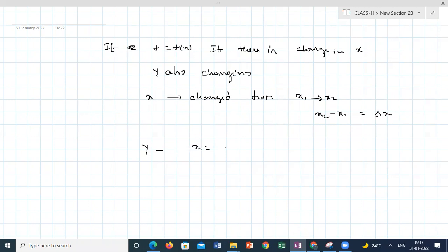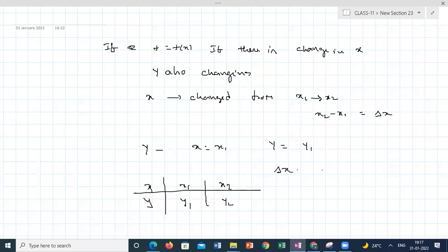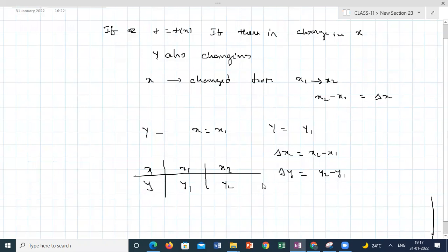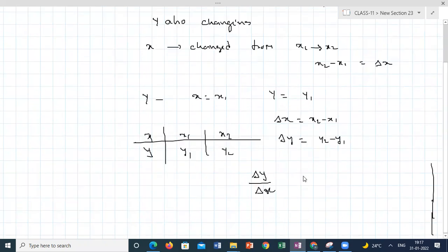When x is equal to x1, my y is equal to y1, and when x is equal to x2, I got y is equal to y2, like a table when you're drawing a graph. So the change in x is called delta x, that is x2 minus x1. The change in y is called delta y, y2 minus y1. So with respect to x, how y is changing is the ratio of delta y by delta x, which is y2 minus y1 by x2 minus x1. You can remember this from the concept of slope: change of y with respect to x.